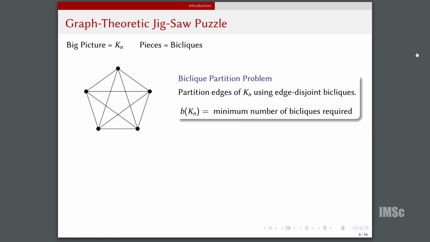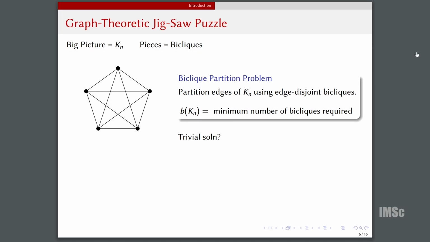This is also thought of as a jigsaw puzzle where your big picture is a complete graph and the pieces are bicliques. These problems are very general, like in general partitioning or covering. So pieces could be various other subgraphs, and this big picture could be any arbitrary graph as well.